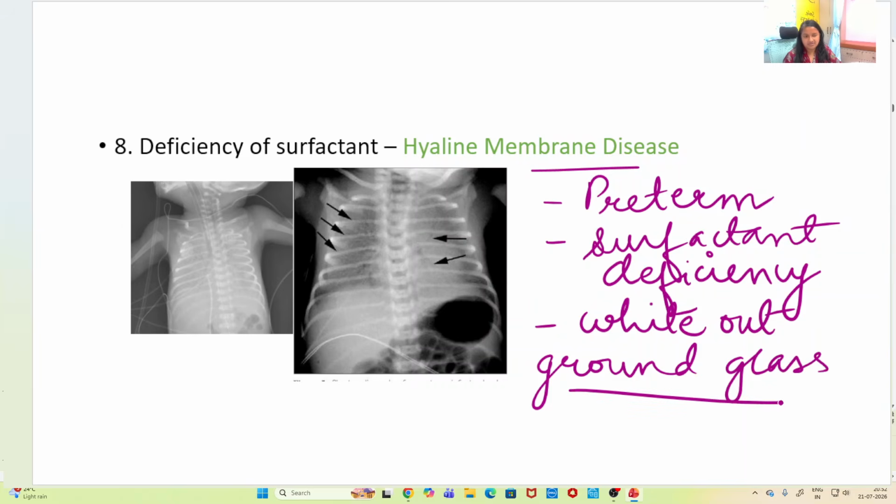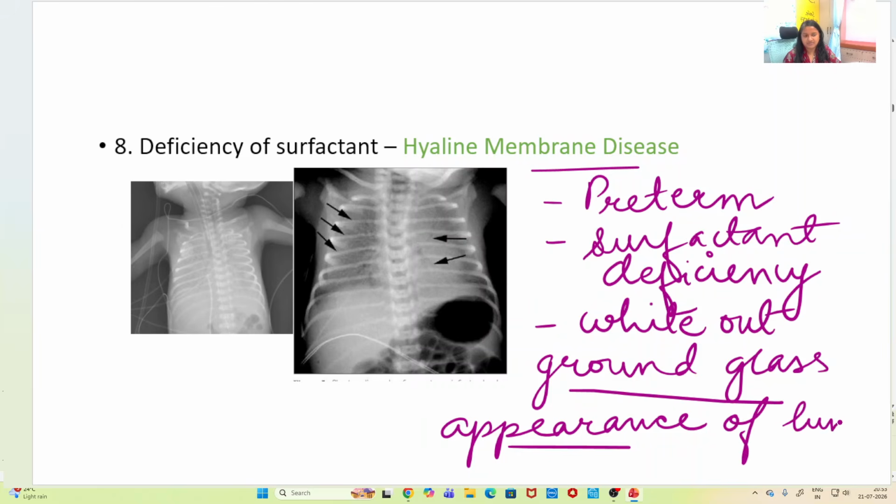Ground glass appearance on the x-ray of the lungs, ground glass opacities, this should ring a bell. All this white stuff that you are seeing in the lungs is because of surfactant deficiency. Hyaline membrane disease is the other name for respiratory distress syndrome that occurs in preterm newborns.